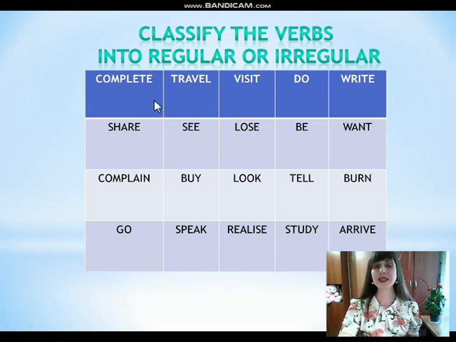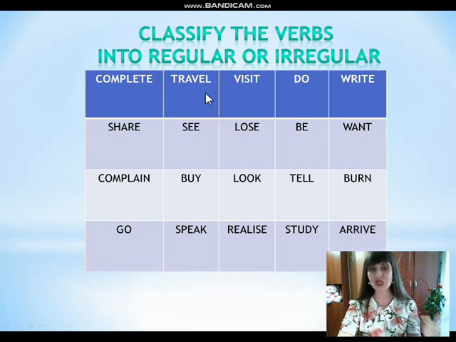So the past simple tense for complete is completed. Okay. Travel, help me please with the past simple form. Traveled. Okay, perfect. Visit, visited. Right. Do, did. Okay. Right.